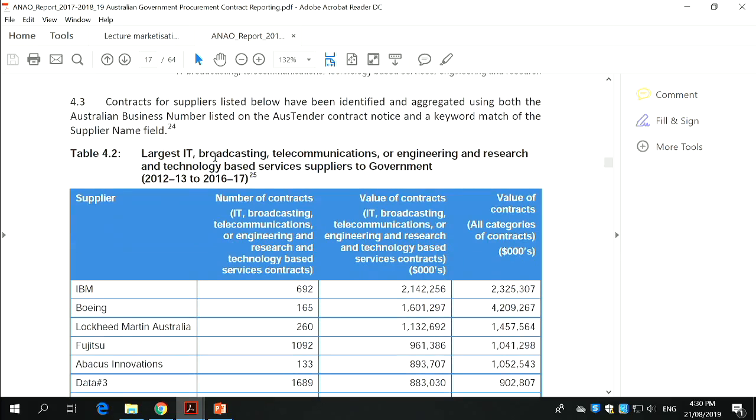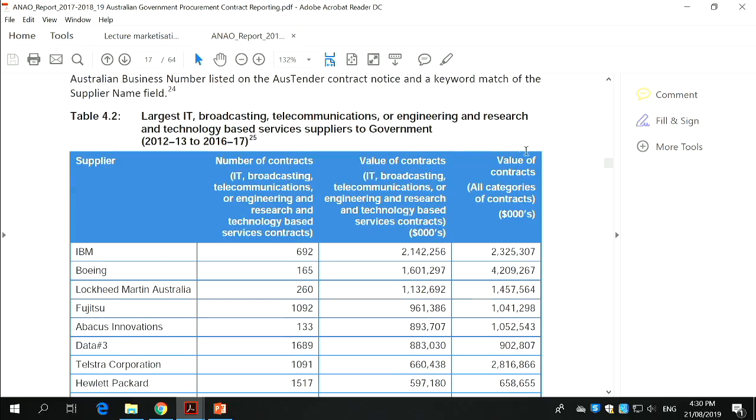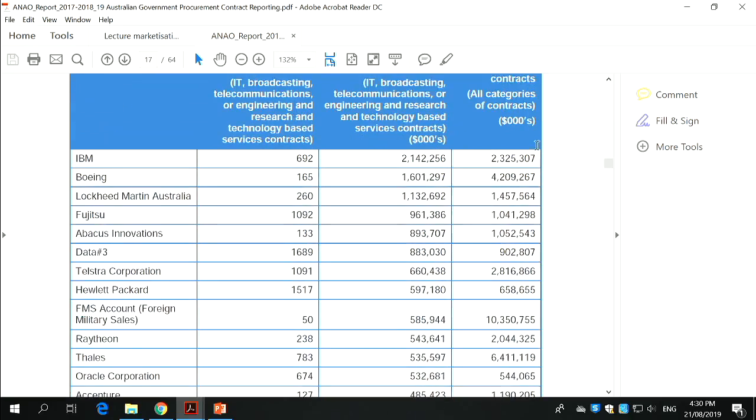This shows you the private sector suppliers. Who are the biggest private sector suppliers? Are you familiar with these companies? Some of them you might be familiar with. IBM, Boeing, Telstra, Hewlett Packard.